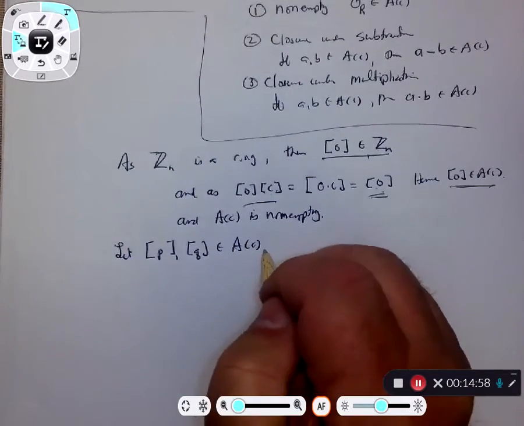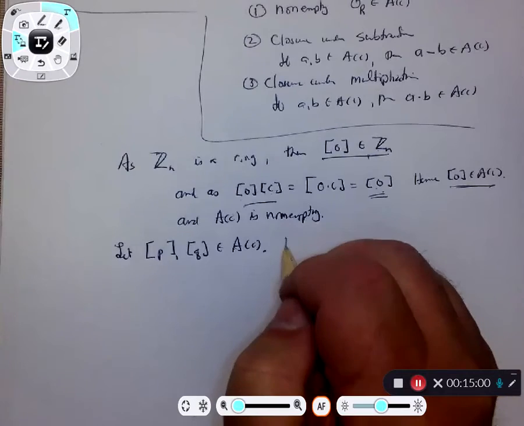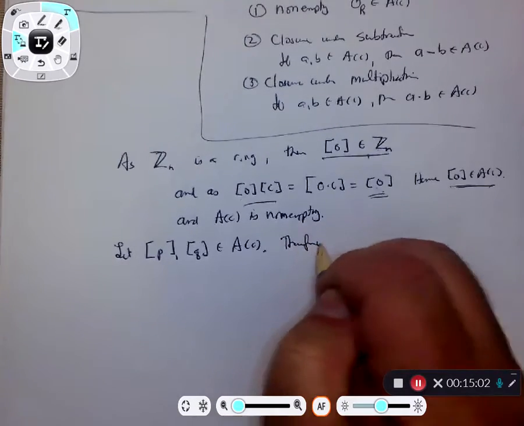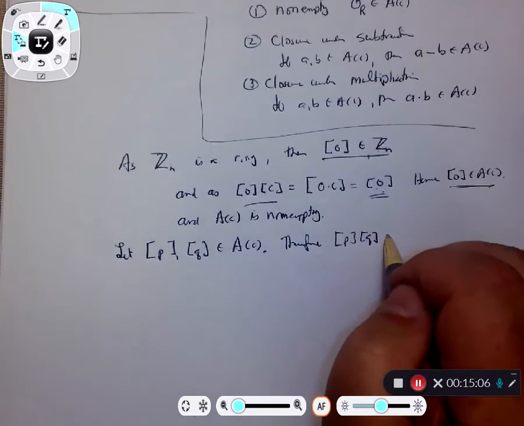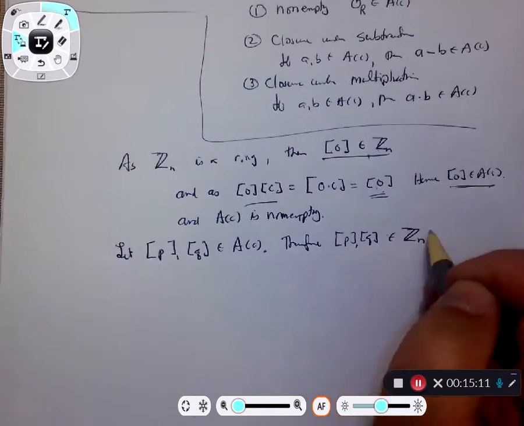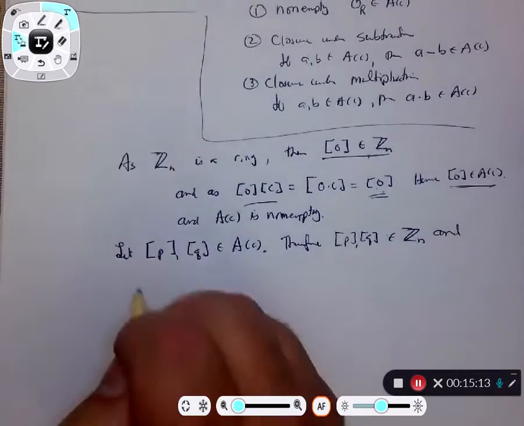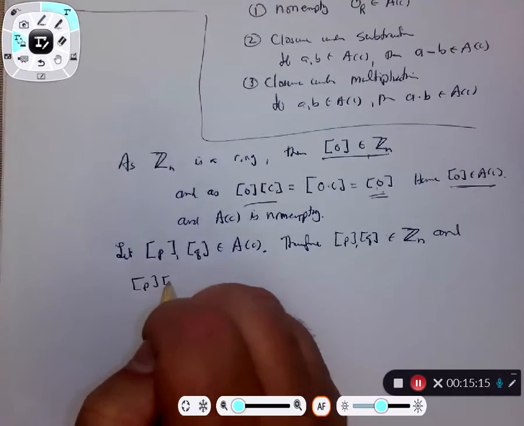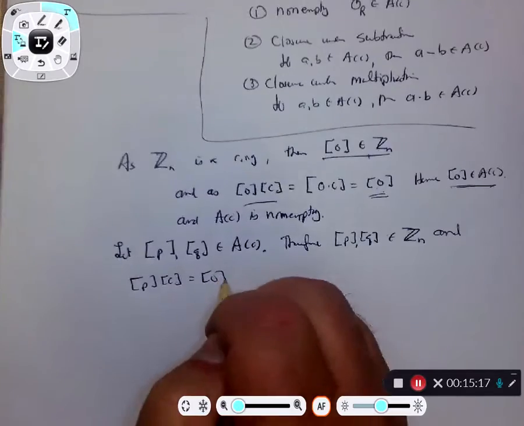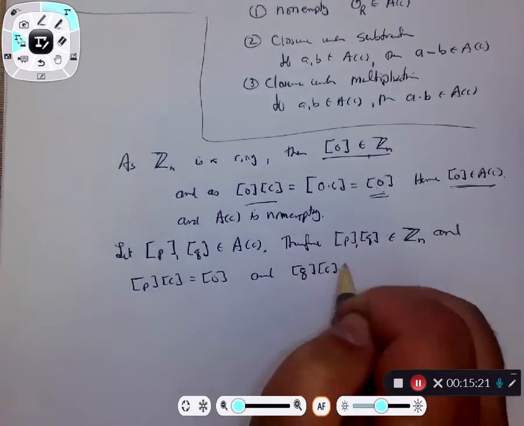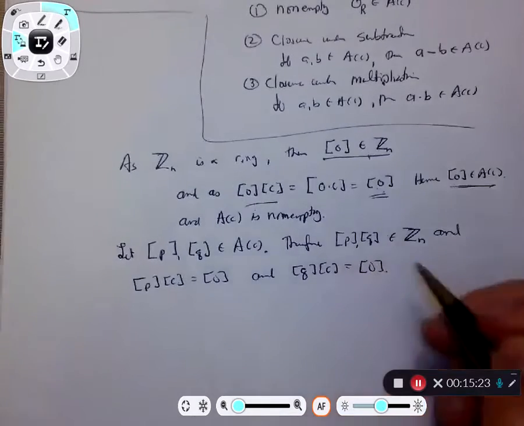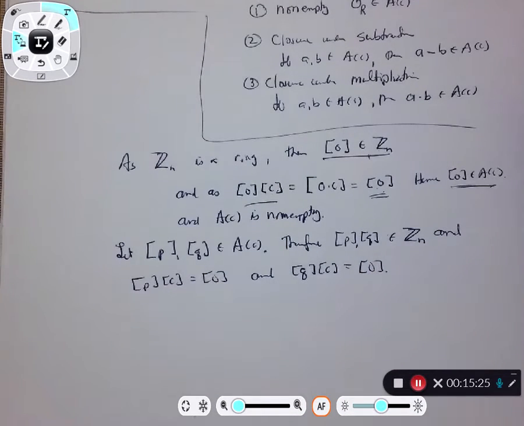According to the definition here, equivalence class P and equivalence class Q are elements of Zn, and you have the property that when I take equivalence class P times C, that gives me 0, and equivalence class Q times equivalence class C will also be equal to 0. These are my properties. I want to talk about closure under subtraction.